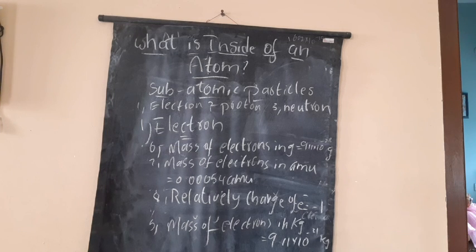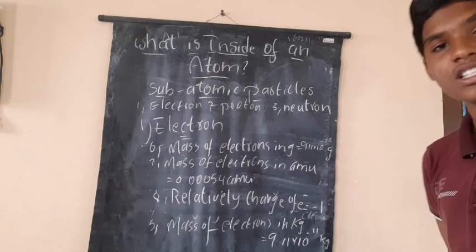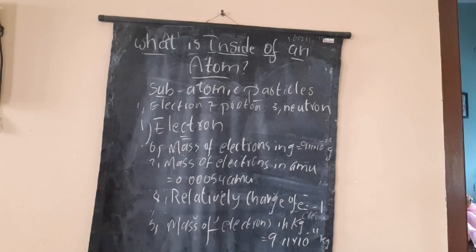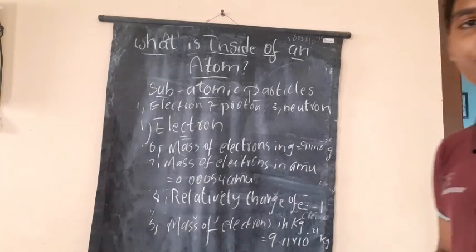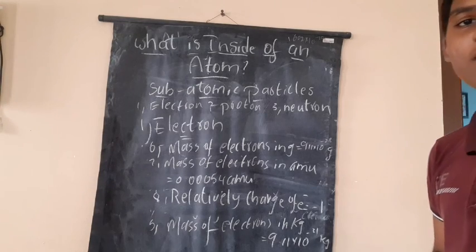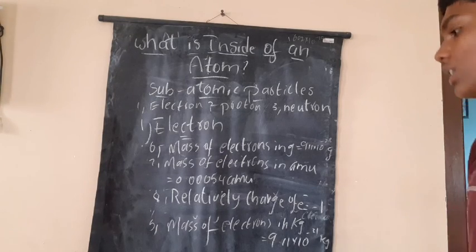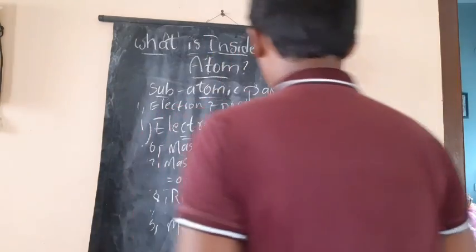So in which experiment did J.J. Thomson discover it? He discovered it by the cathode ray experiment. That experiment we will explain in the J.J. Thomson atomic model.